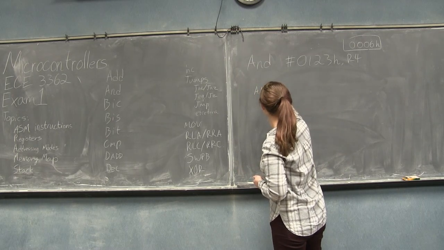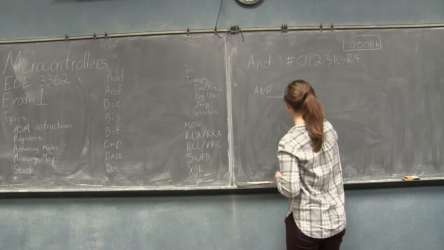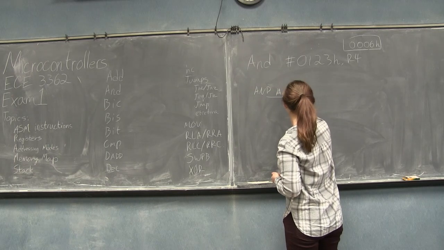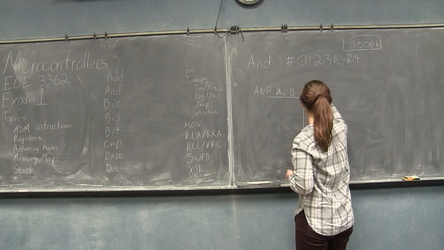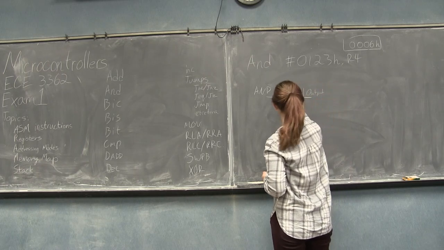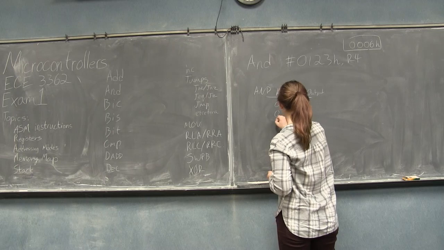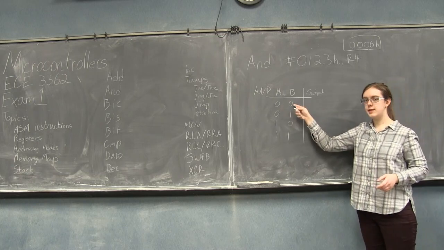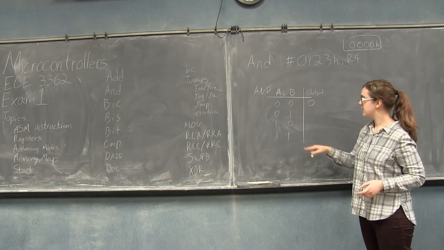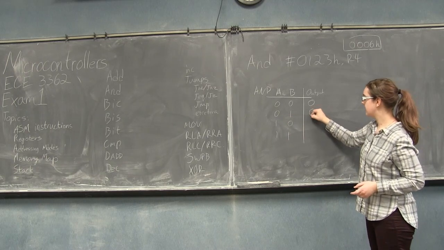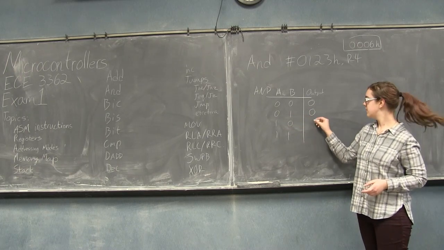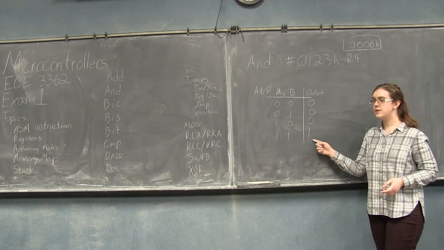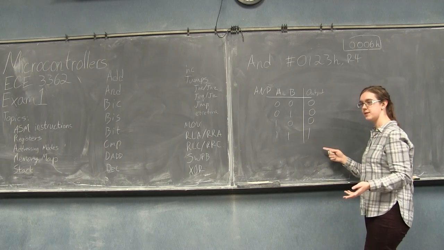So, the AND truth table: when 0 and 0 are ANDed together, the output is 0. When 0 and 1 are ANDed together, 0. And this one, 1. So this is what an AND gate does. Does that answer your question? Yes. Okay.